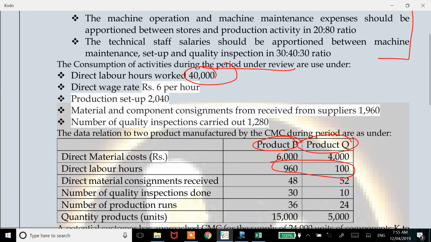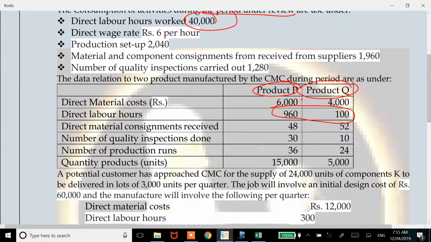In this question, is this 6,000 for a single unit or for all units of 15,000? It will be for all units of 15,000, because this 960 labor hours can't be for a single unit, since you have only 40,000 labor hours in total. That 960 can't be for a single unit of product P because that itself would need 960 into 15,000.